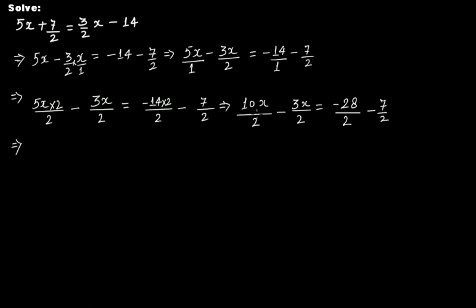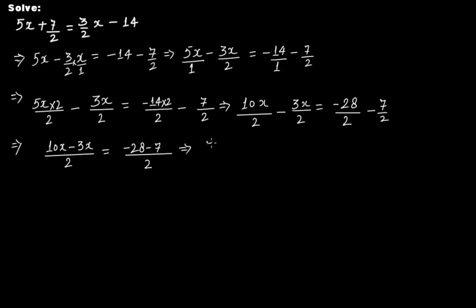This is 10x by 2 minus 3x by 2. So when you take the denominator, the denominators are the same, so write 2 here. Then this becomes 10x minus 3x is equal to, same thing here, that is 2 and minus 28 minus 7.